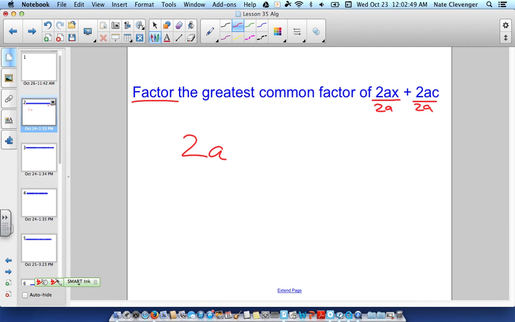If I put 2ax over 2a, the 2's would cancel, the a's would cancel, so I'm simply left with x. On the next part, with the plus, the 2's cancel, the a's cancel, and I'm left with c. That goes inside parentheses.